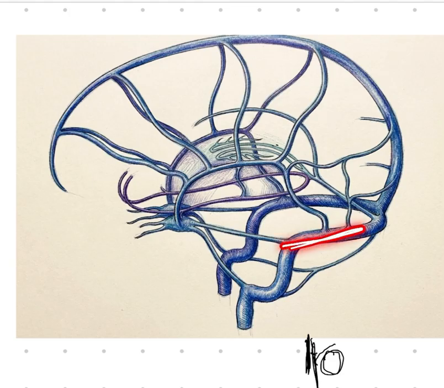And this is the transverse sinus, and this is the sigmoid sinus and the jugular vein. The sigmoid sinus exits the skull through the jugular foramen, forming the jugular vein.